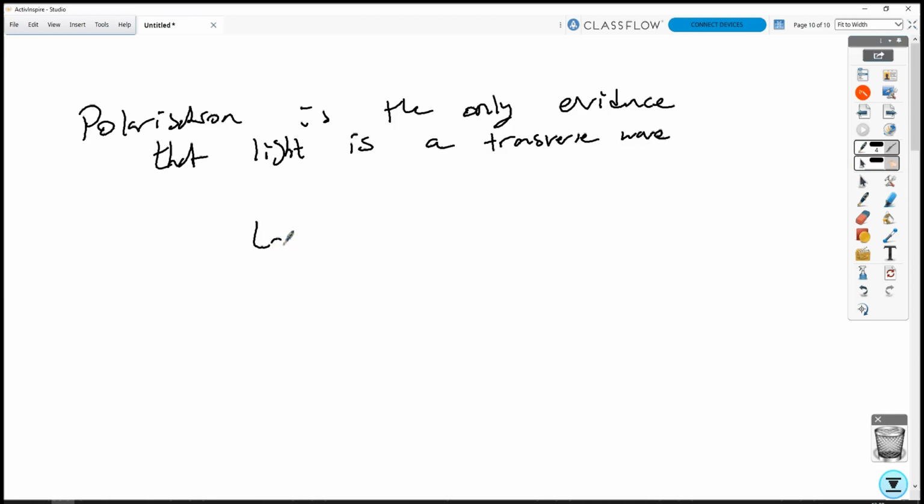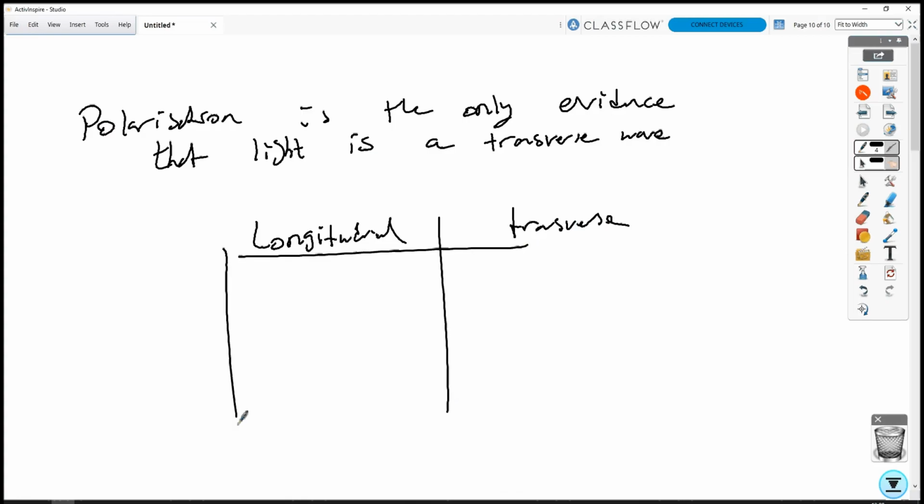So if we make a table, we'll put longitudinal and transverse. And then we'll put our different phenomena.